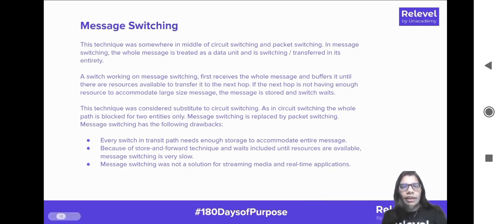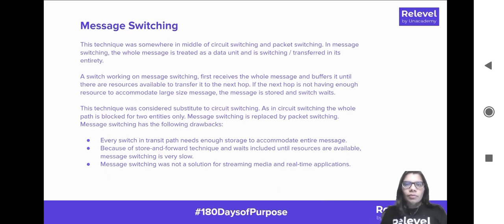This technique was considered a substitute for circuit switching, as in circuit switching the whole path is blocked for two entities only. Message switching was in turn replaced by packet switching. What are the drawbacks of message switching that were addressed by packet switching?